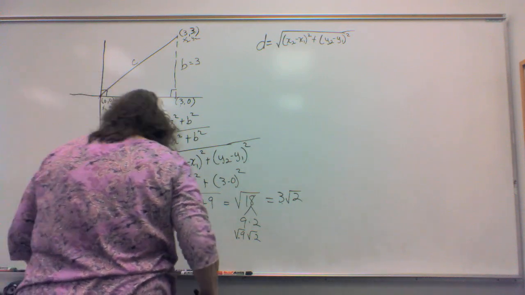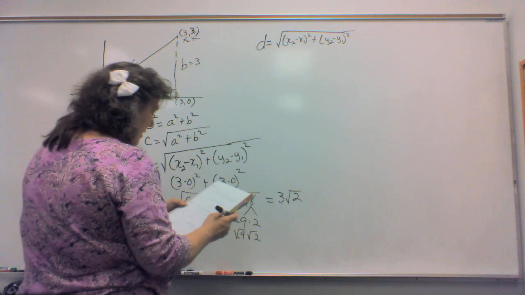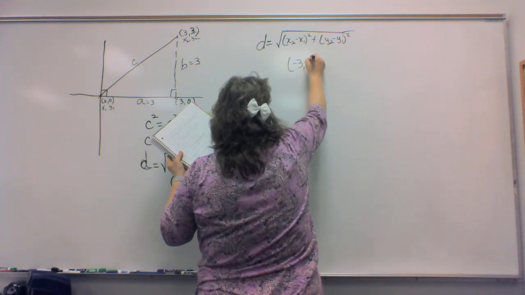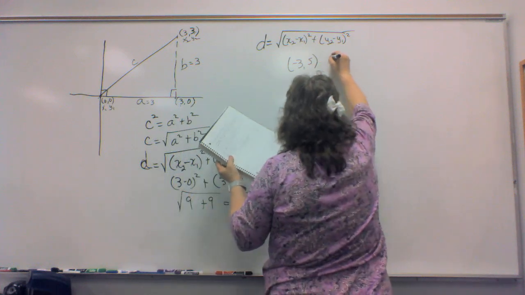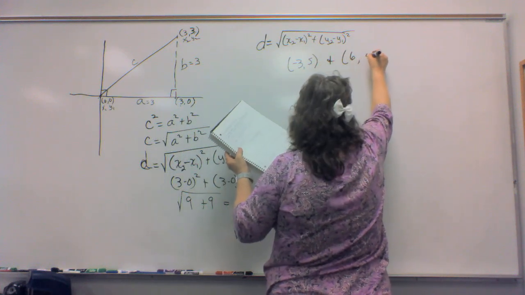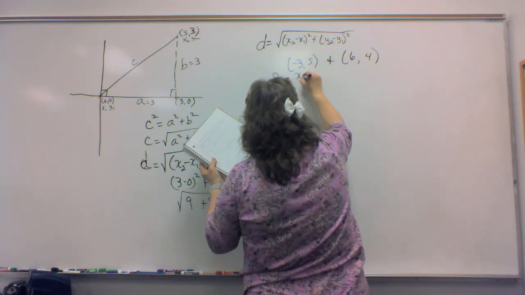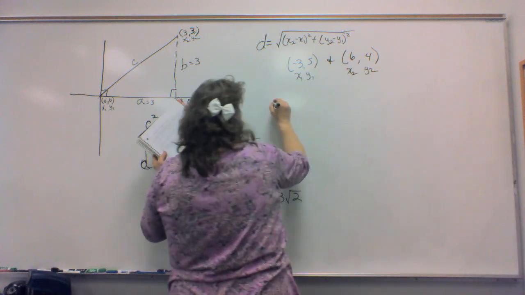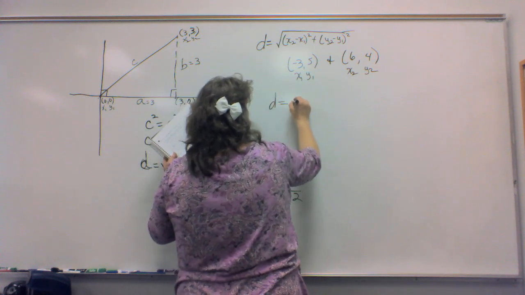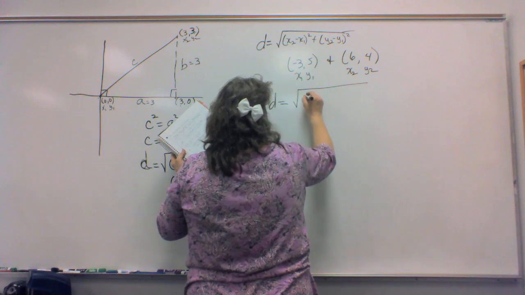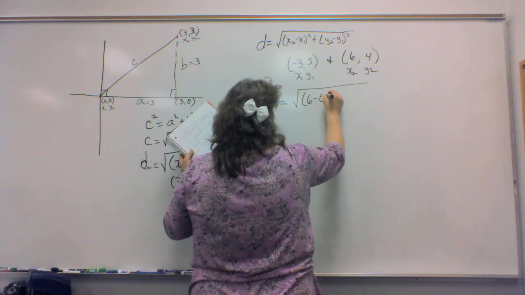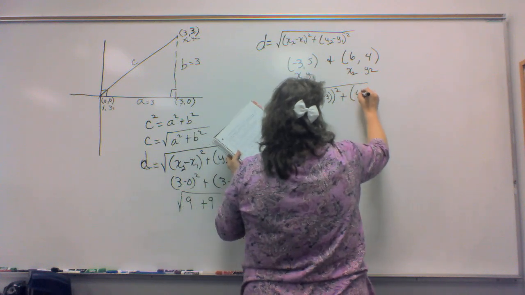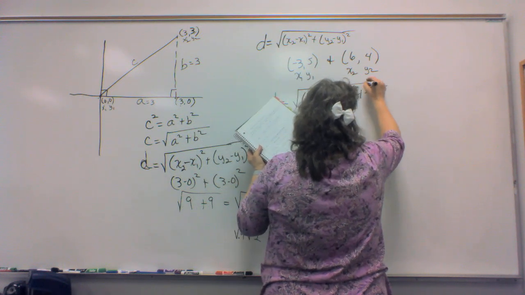So let's look at a couple points, and let's do this. -3, 5, and my second point is 6, 4. X sub 1, y sub 1, x sub 2, y sub 2. Using my distance formula, distance equals the square root of 6 minus a -3 squared plus 4 minus 5 squared.